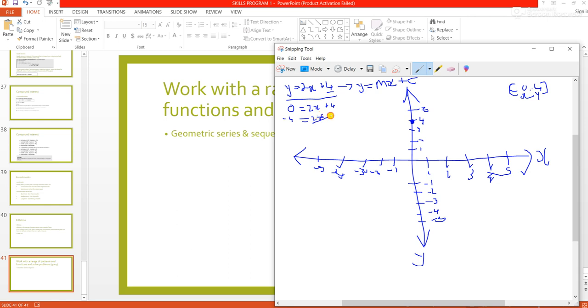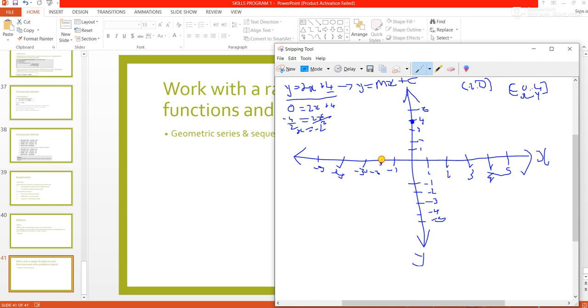When you divide everything by 2, your answer will be minus 2. So another coordinate that we have is x is minus 2 and y is 0.